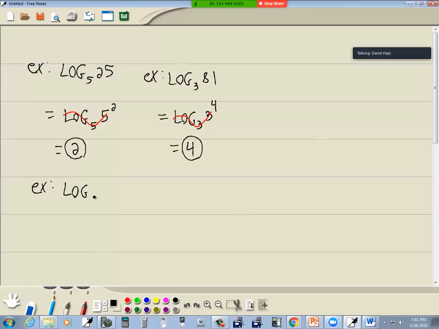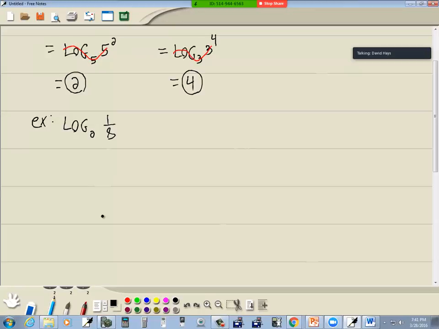Sometimes it's not so easy to identify. Maybe I'll show 4 of these. For this one here, for example, I got 8. 8's easy. That's 2 to the 3rd. But the property doesn't apply if this is trapped in the denominator.